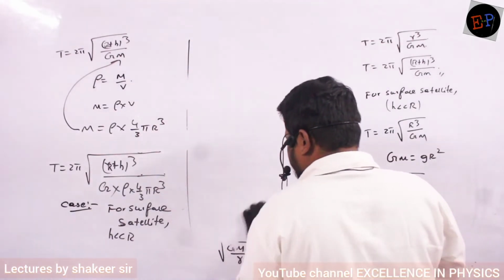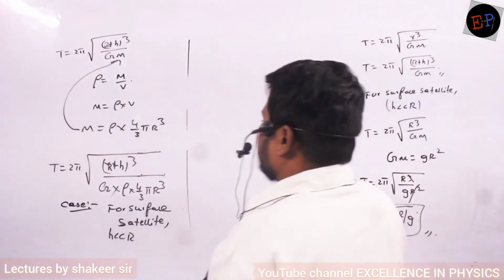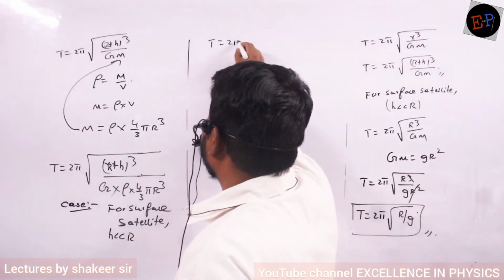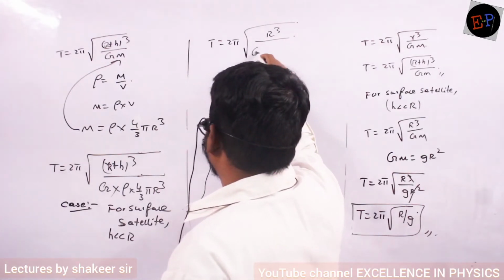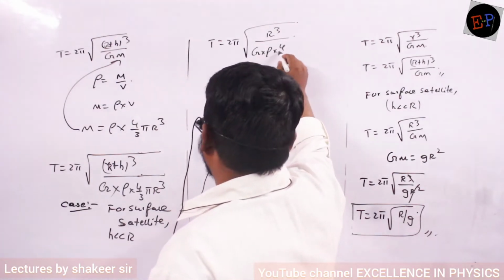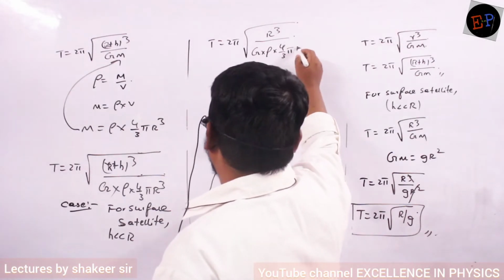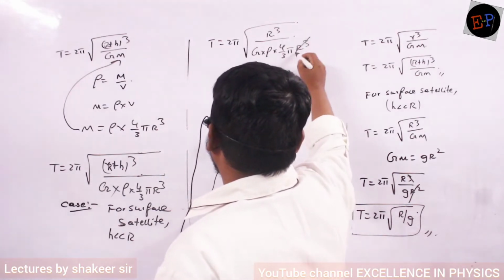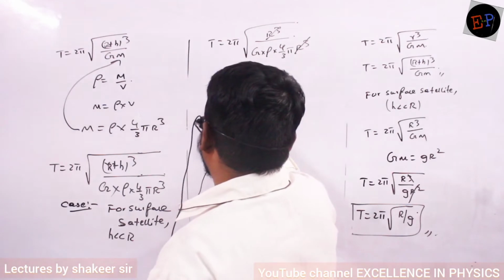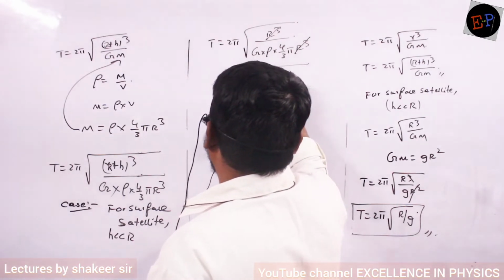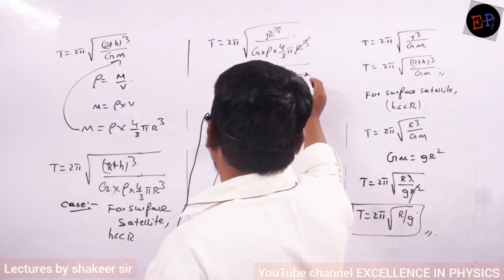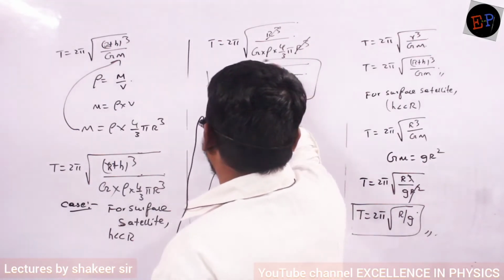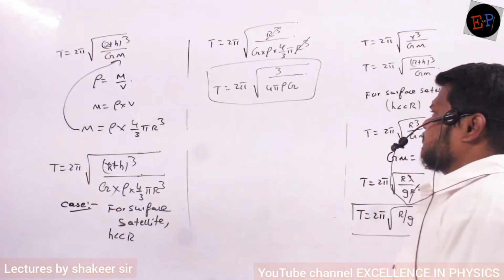Therefore T is equal to 2 pi into square root of r cube divided by g into rho into 4 by 3 pi r cube. So r cube and r cube get cancelled. Therefore T is equal to 2 pi into square root of 3 divided by 4 pi rho into g. This is the equation of the time period.